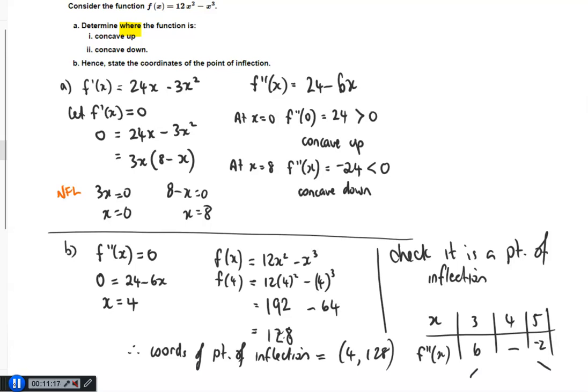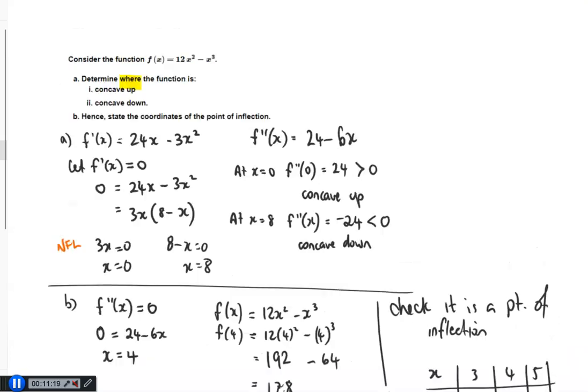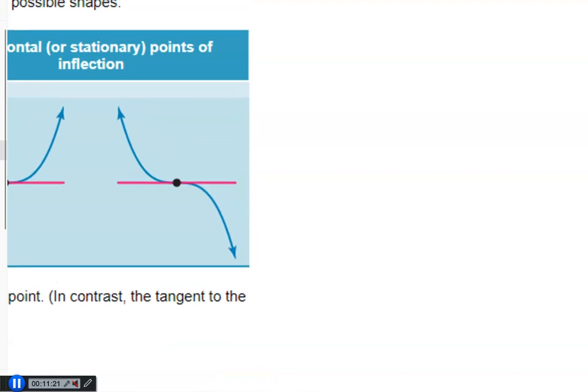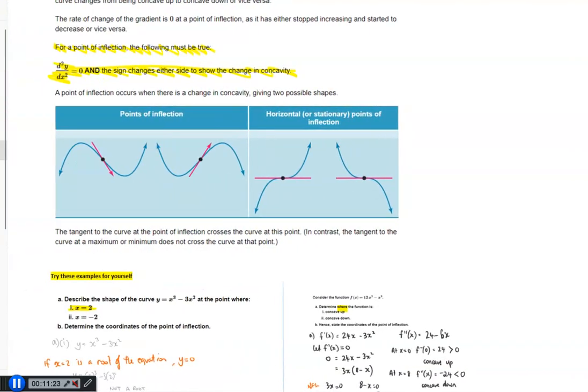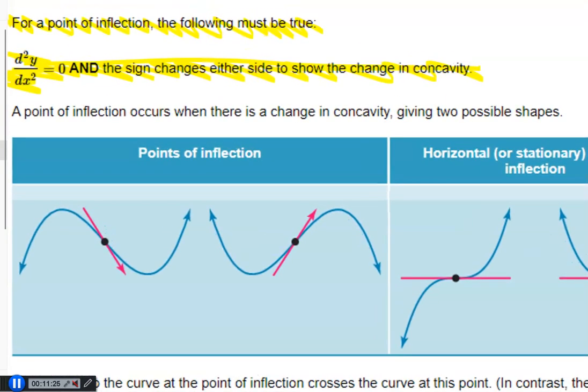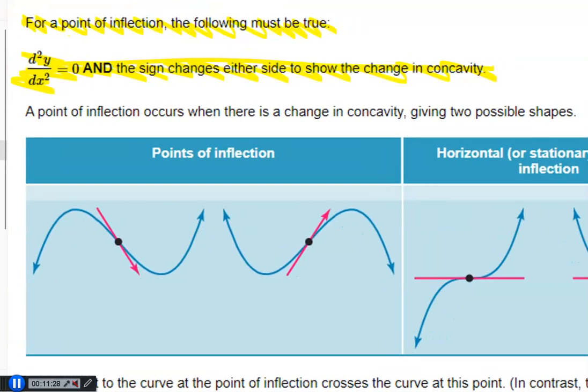So it changes direction, which is what we wanted. The definition for a point of inflection, as a reminder, is where the second derivative equals 0 and the sign changes either side to show change in concavity.